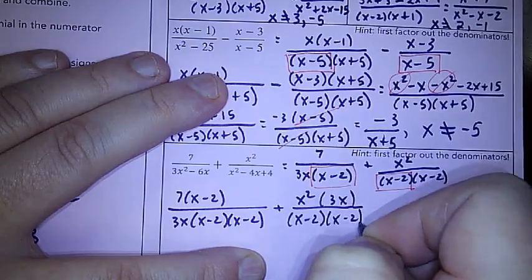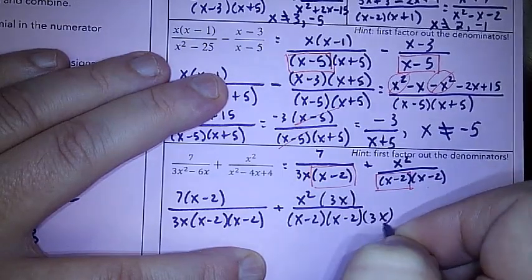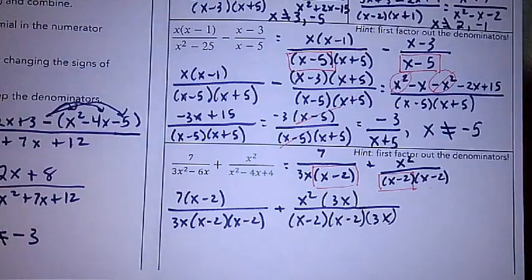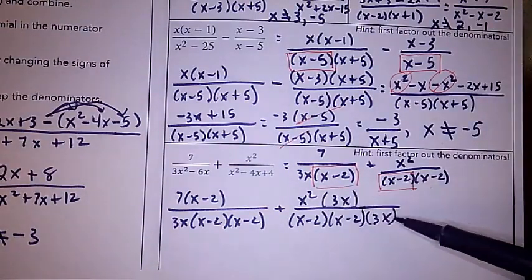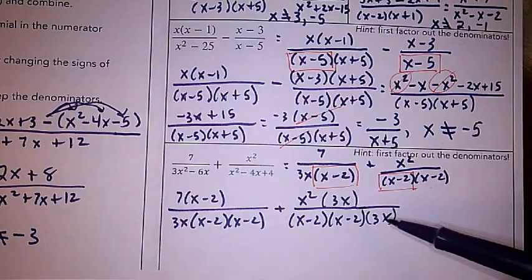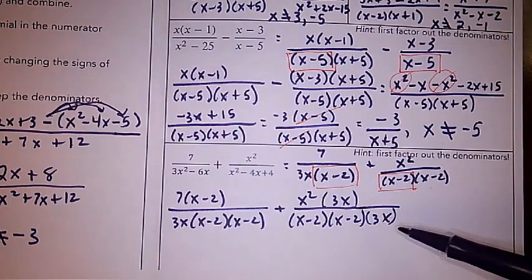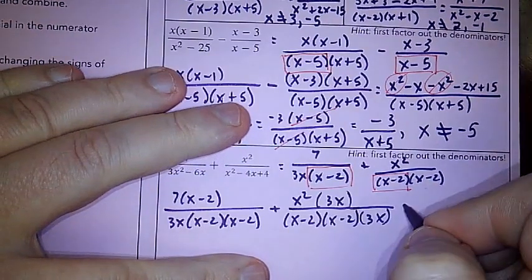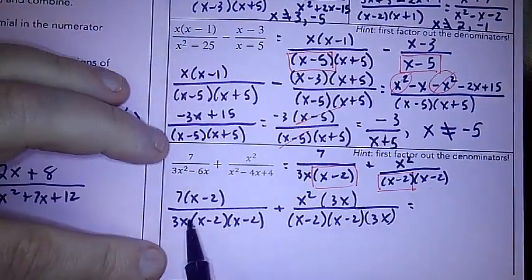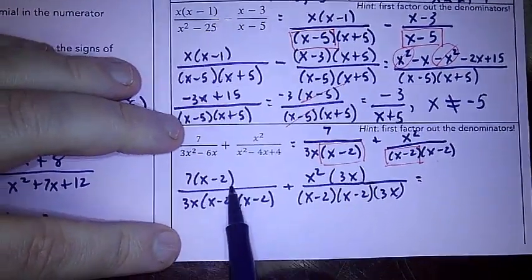Now, you're going to be tempted to try and cancel out these 3x's, but remember, that's the point. We're multiplying both the numerator and denominator by the same thing, so do not try to cancel yet. I'm going to combine these together. So you're going to see me do the distributive property, so that way I can piece things together.